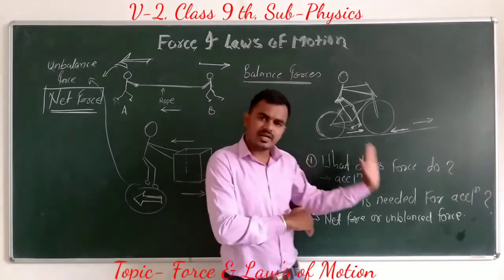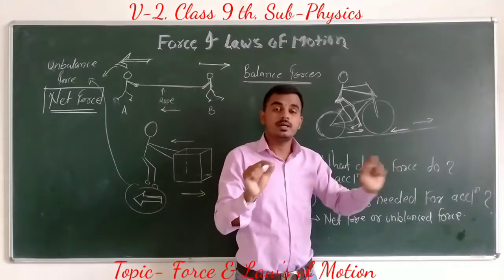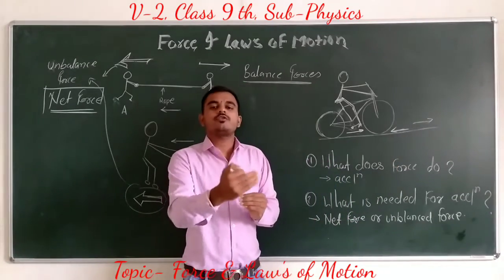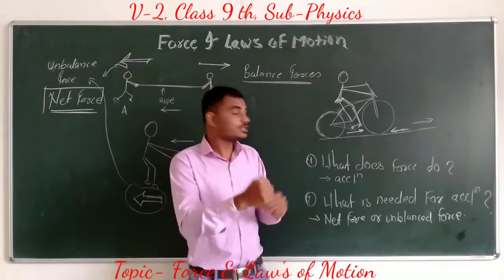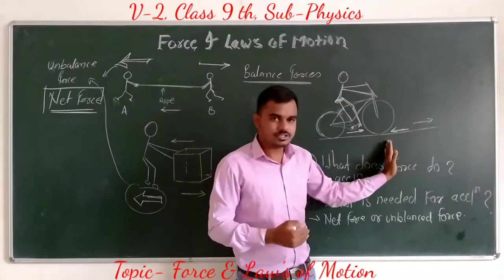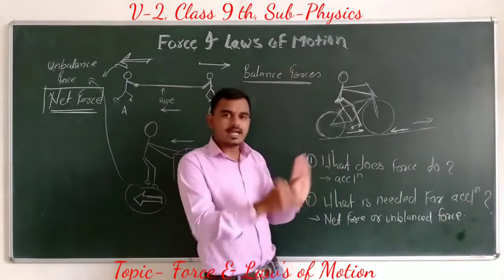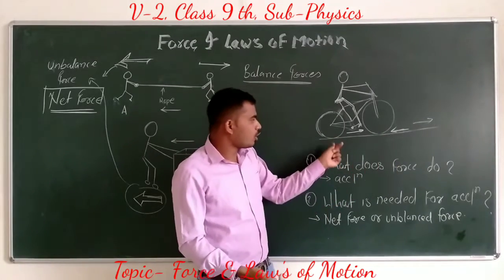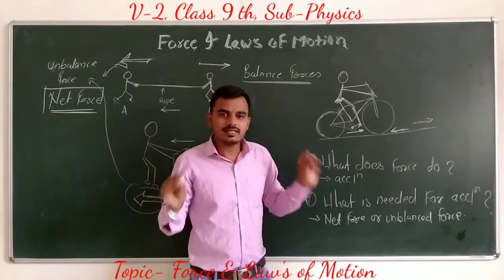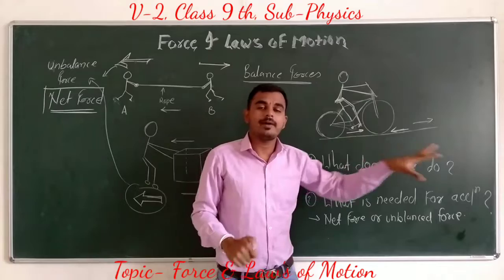That cycle is moving continuously with constant speed, but there is no acceleration. Acceleration means what? Rate of change of velocity. Rate of change of velocity means velocity should suddenly increase or decrease. That is acceleration. But the object moves at a constant speed, so there is no acceleration. That's why these forces are balanced forces.